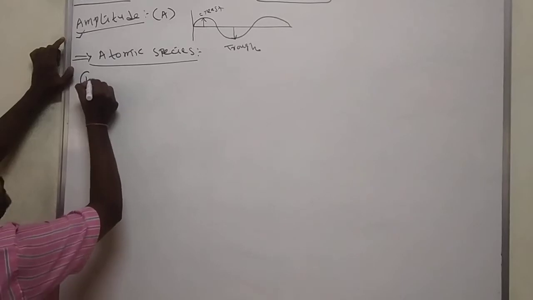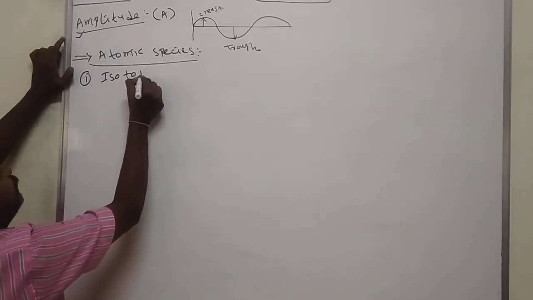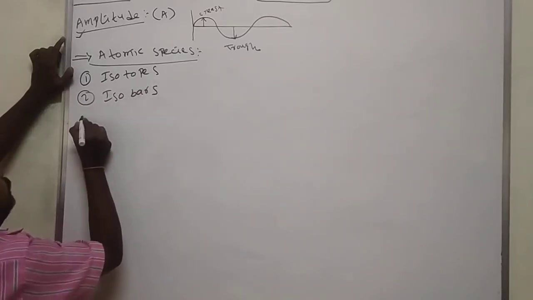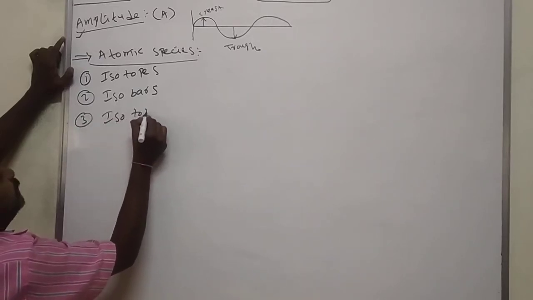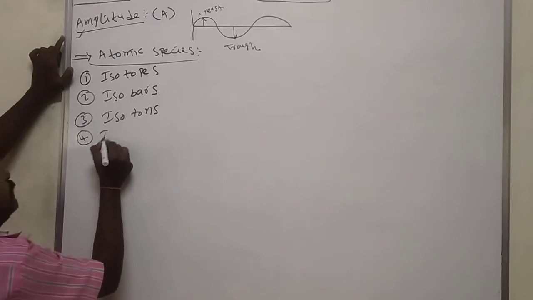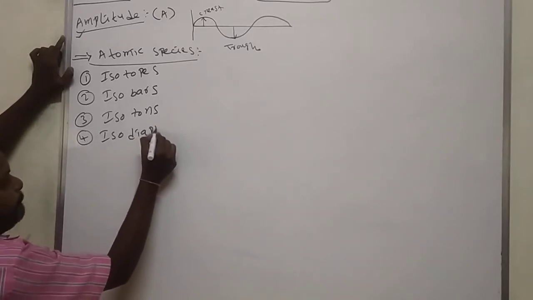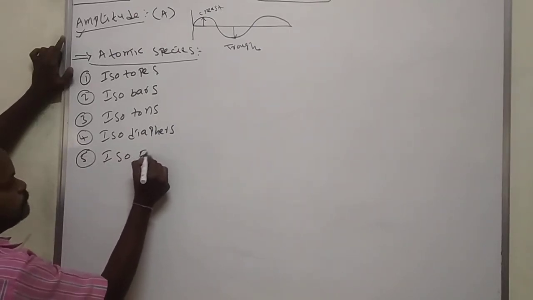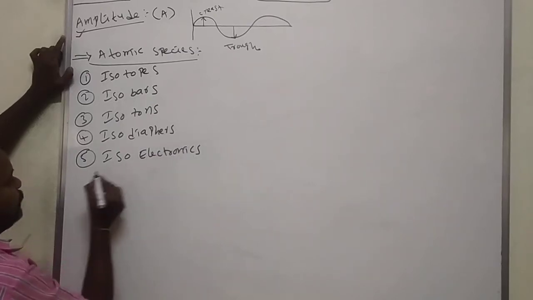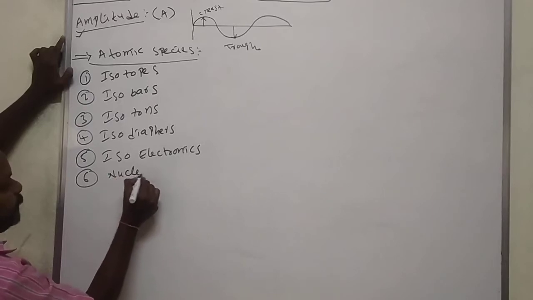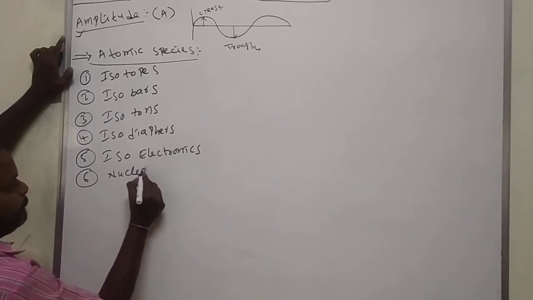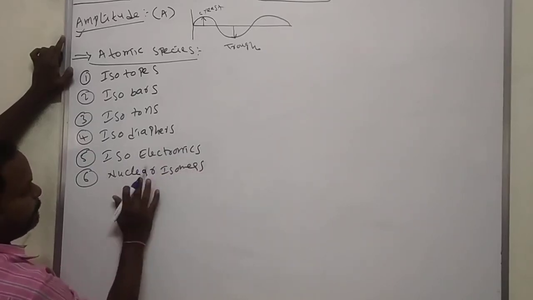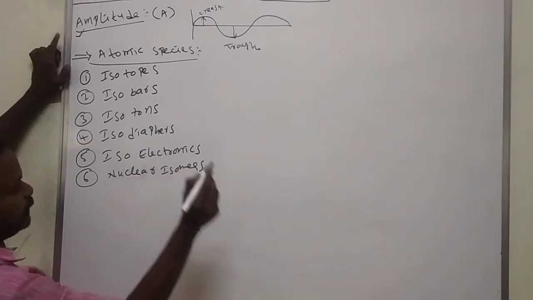Those are: one is isotopes, second is isobars, third is isotones, fourth is isodiaphers, fifth is isoelectronics, sixth is nuclear isomers.